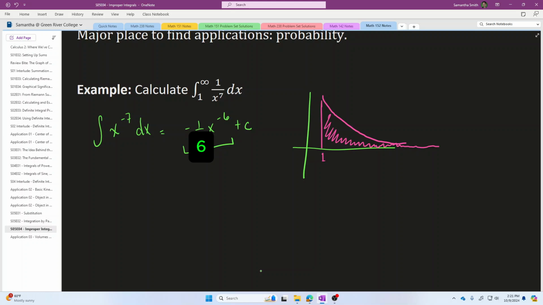The only issue here is that you cannot, technically speaking, plug in infinity, right? So instead, we're going to plug in a placeholder b for infinity.